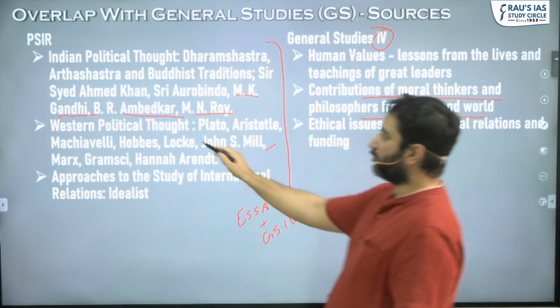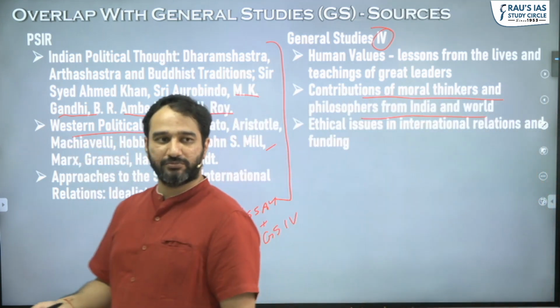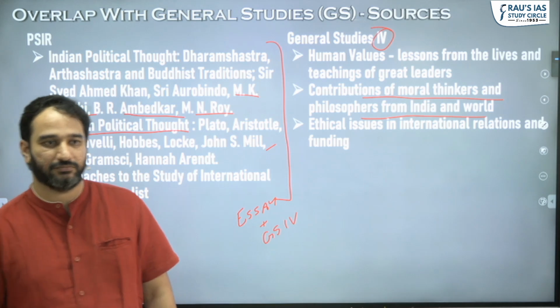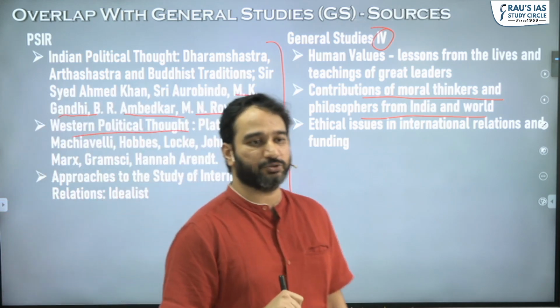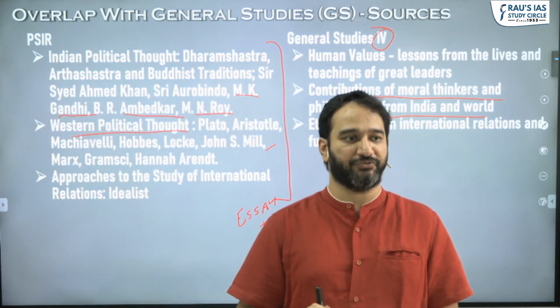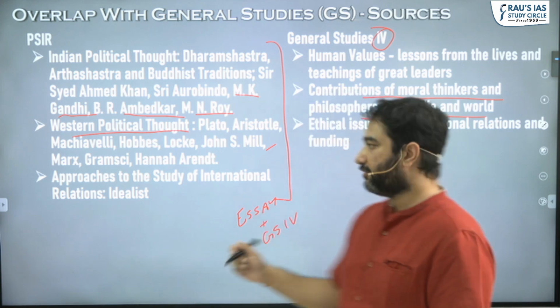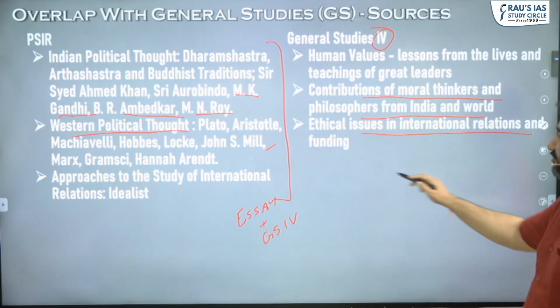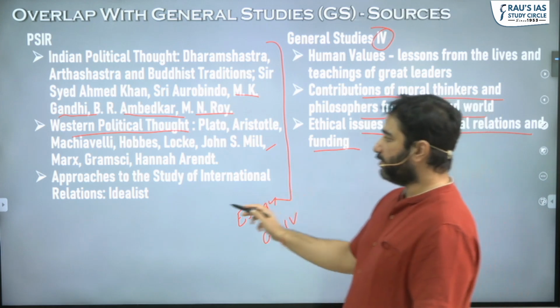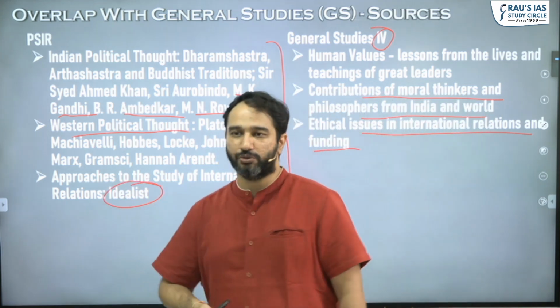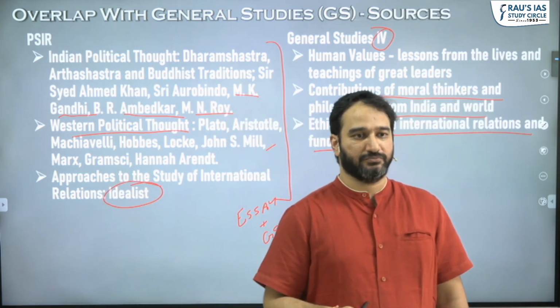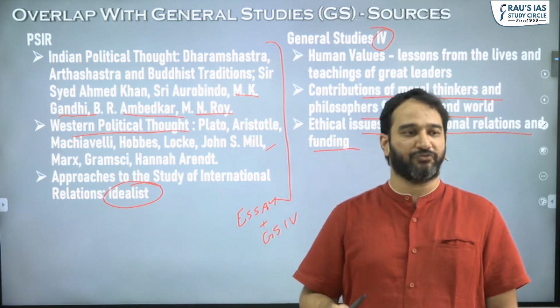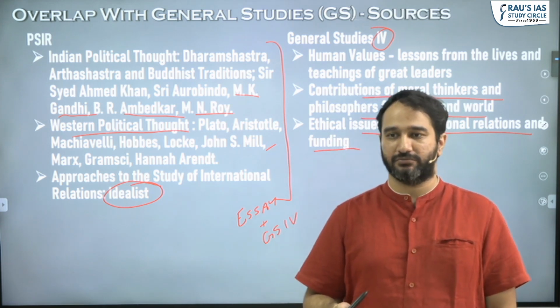Indian political thought and Western political thought, you're anyways going to study here. So it does become easier to answer those questions within GS paper 4. Further, it talks about ethical issues in international relations and funding, where you would be doing the idealist approach to IR. So even within GS paper 4, you'll find overlap with PSIR.